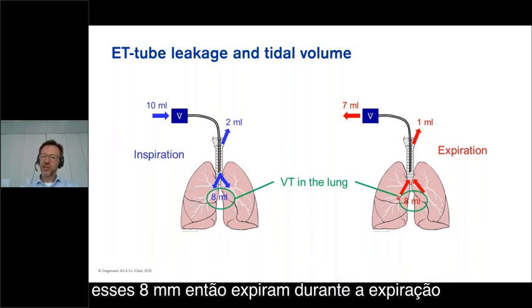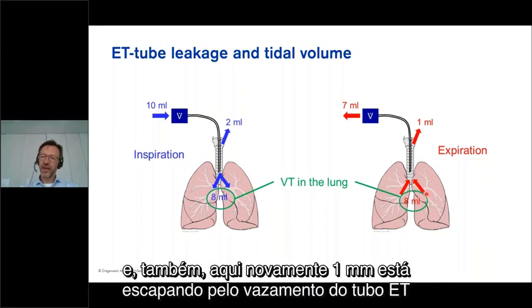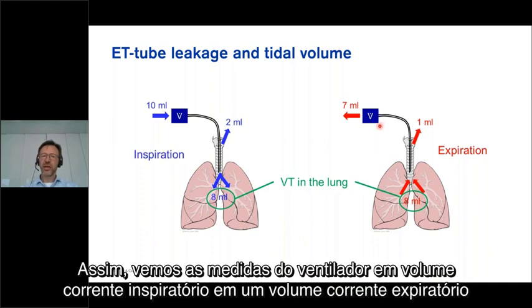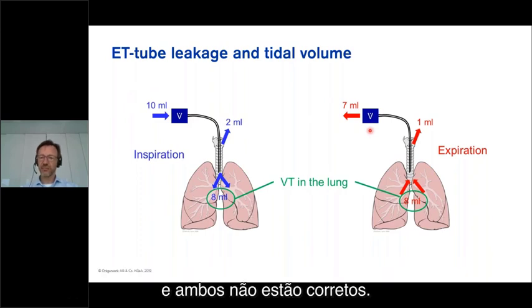These 8 milliliters then are exhaled during the expiration. And also here, 1 milliliter is escaping through the ET tube leak, and 7 milliliters are measured by the proximal flow sensor as expiratory tidal volume. So we see the ventilator measures an inspiratory tidal volume and an expiratory tidal volume, and both are not correct.